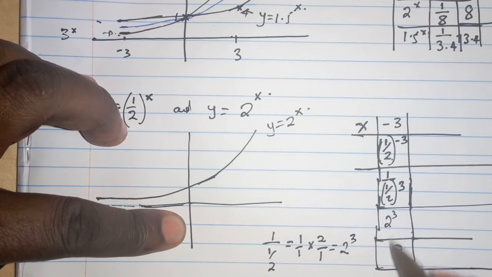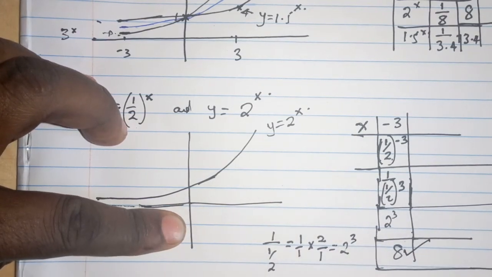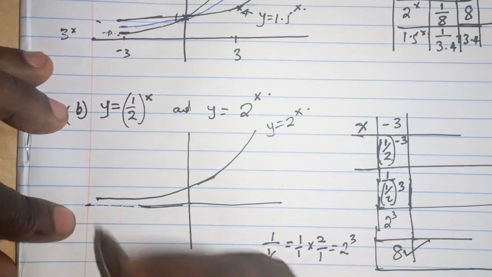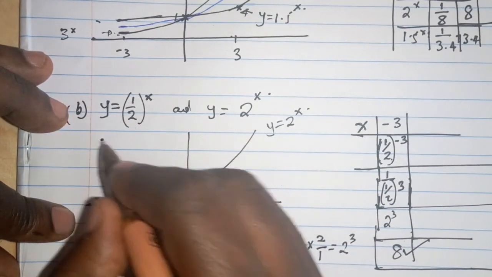Now, 2 to the power 3 is 8. That is exactly what has happened. So when x is negative 3, we have an 8.